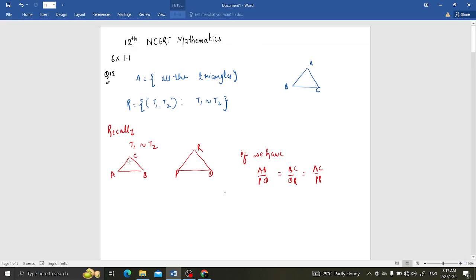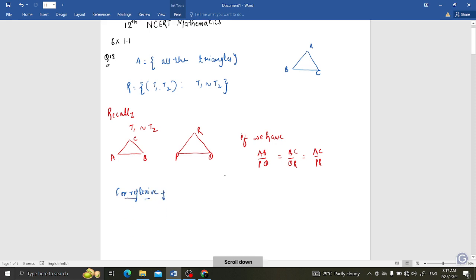Now, start the question. For reflexive, let T belongs to A. That means T is any triangle. Okay.